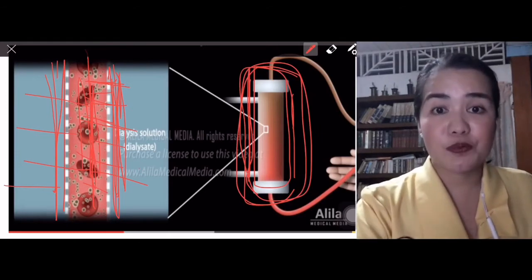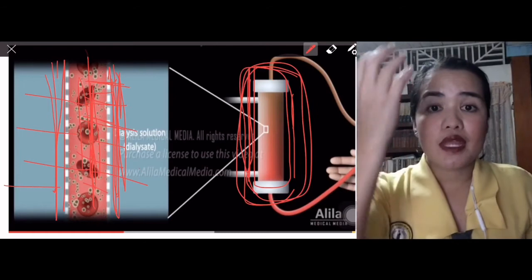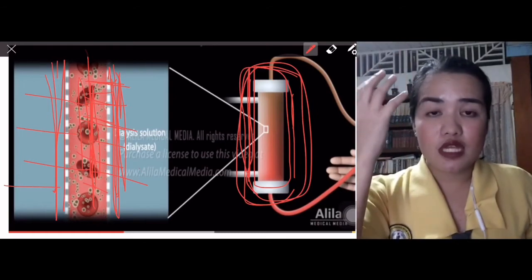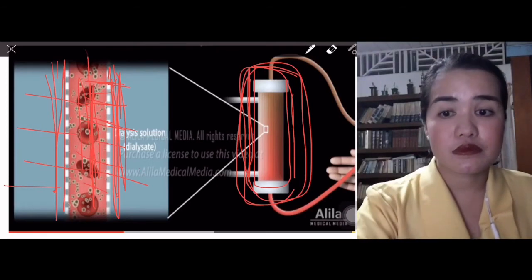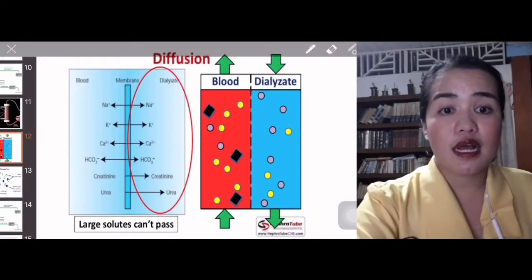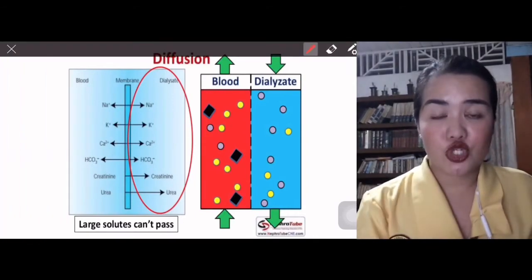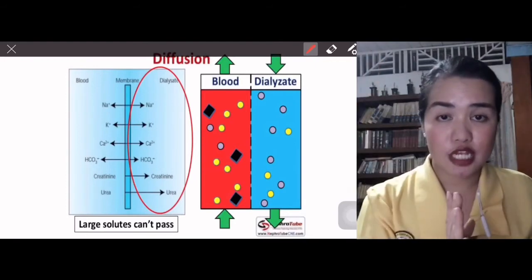So this process here, the movement of the molecules of the toxins like urea, creatinine, sodium, potassium, and other electrolytes, this movement is called diffusion. So the movement from higher concentration to lower concentration.